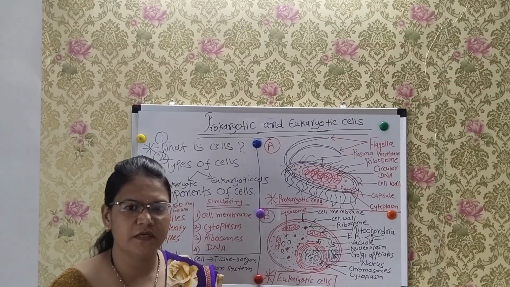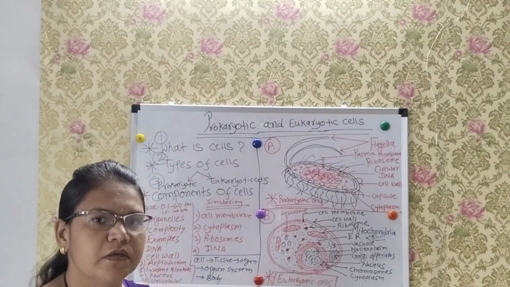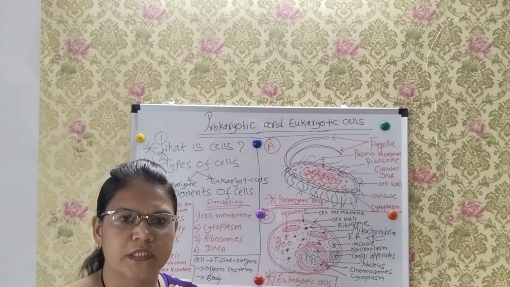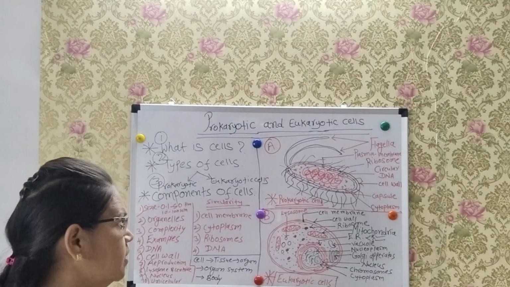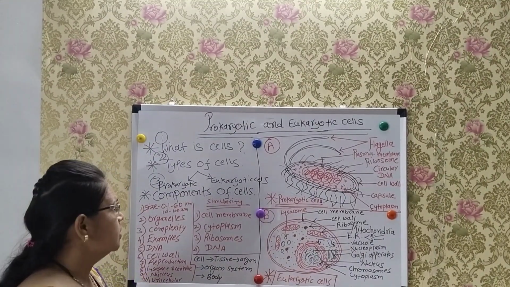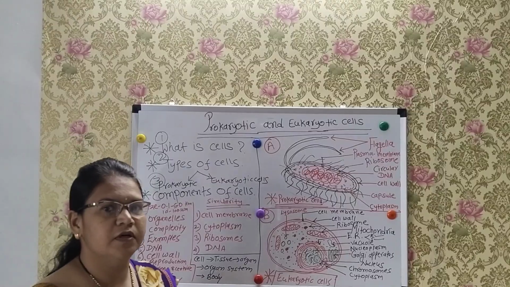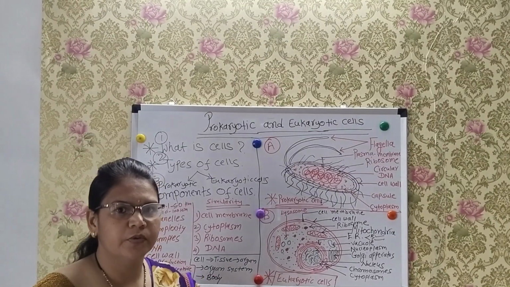Today I am discussing with you a cytology topic. My topic name is Prokaryotic cells and Eukaryotic cells. First we see what is the meaning of cells. Cells were discovered for the first time by Robert Hooke.